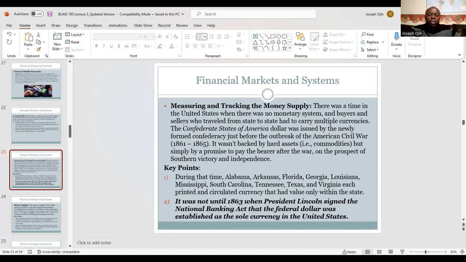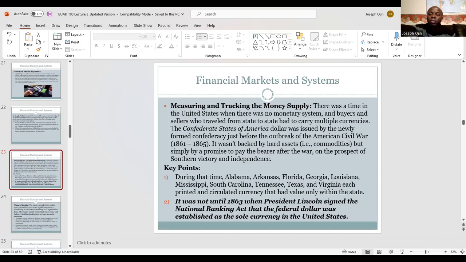Okay. In the 19th century US, I would say there was no unified or nationwide monetary system. That means that buyers and sellers who traveled from state to state had to carry multiple currencies.